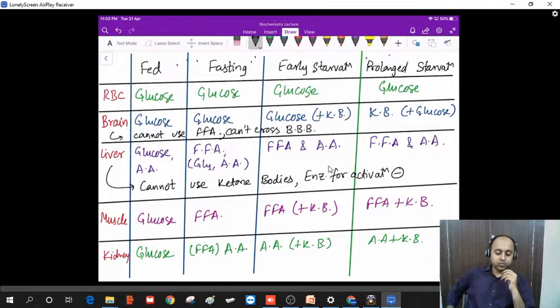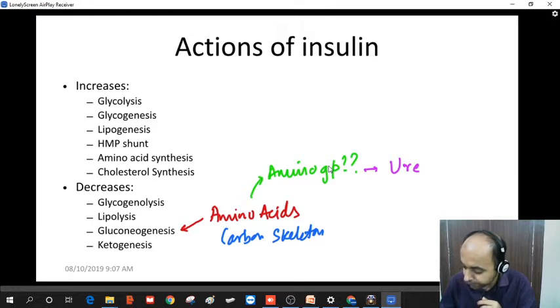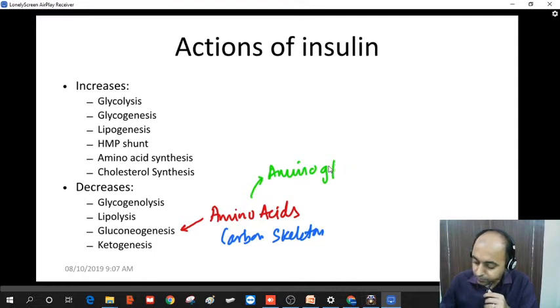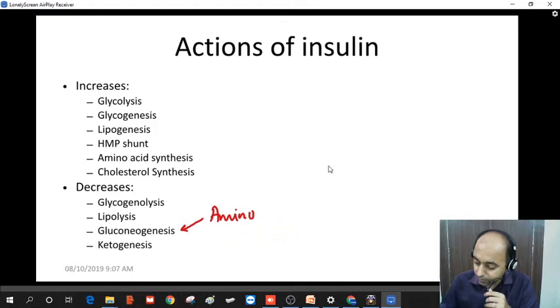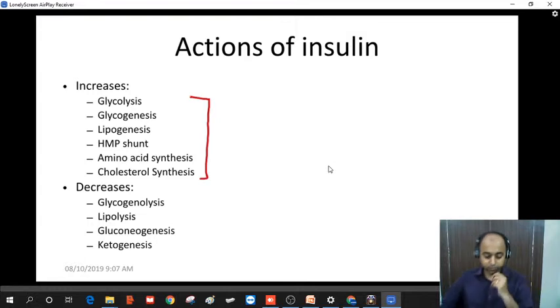Meghna, there is nothing to explain. You just have to remember that generally insulin causes dephosphorylation. What you can do is remember it like this. The insulin increases the activity of these pathways.